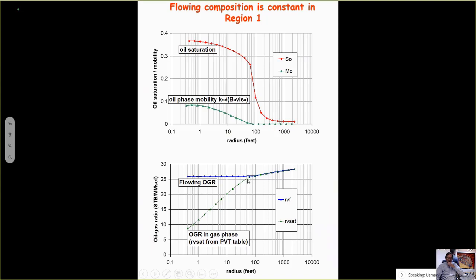It's how many stock tank barrels can be held in solution in the gas phase, and as you lower the pressure, it's fewer and fewer barrels. So it goes from 26 barrels can be kept in solution down to 8 barrels can be kept in solution.